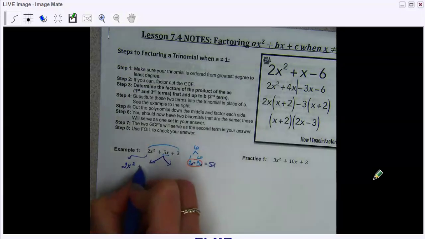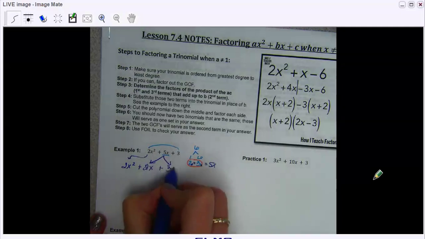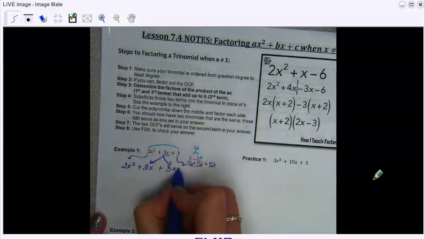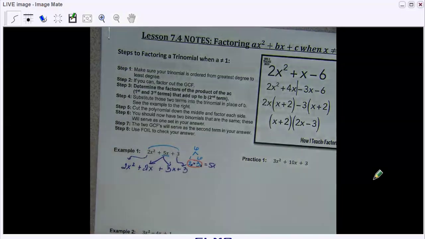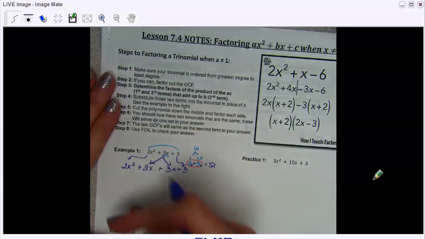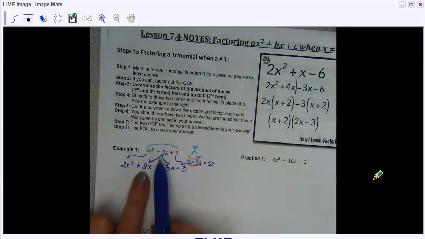So plus 2x plus 3x, and then we're going to bring the 3 down here. So you're basically bringing that trinomial down, but the only difference is you're separating your 5x into 2 terms that add up to 5x, okay?